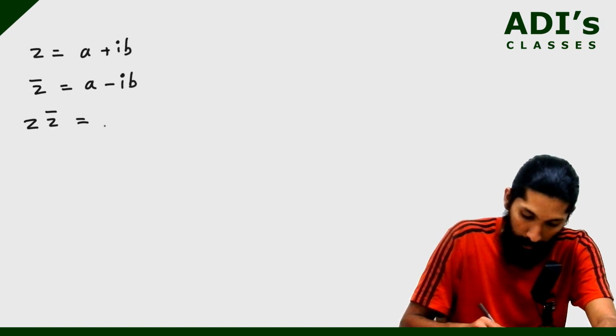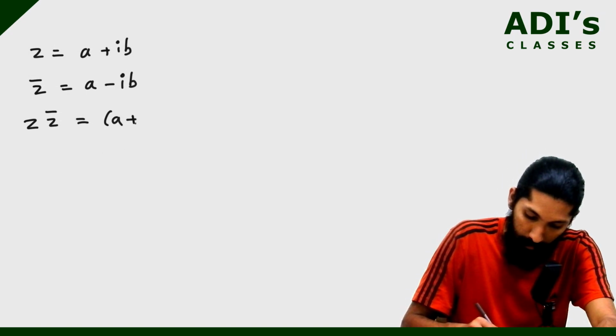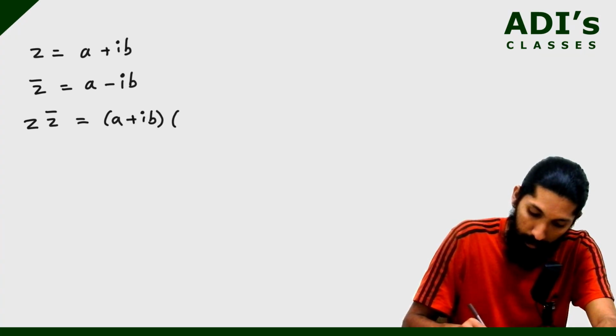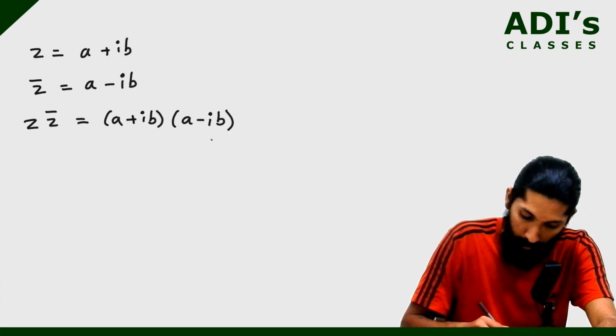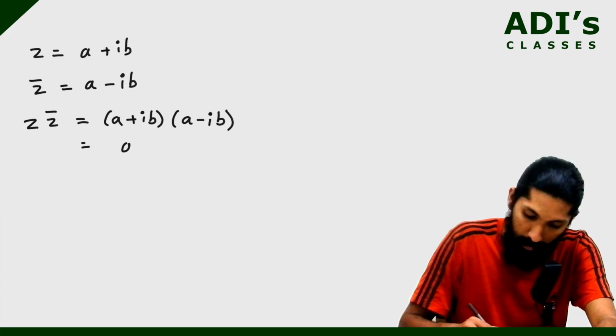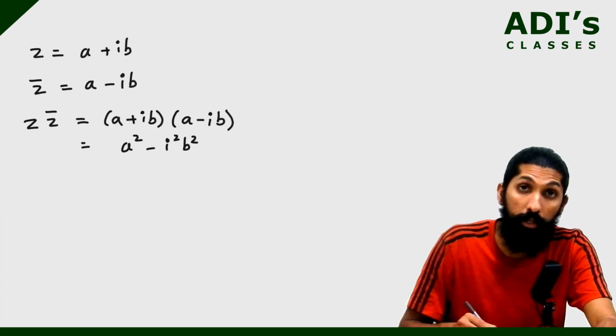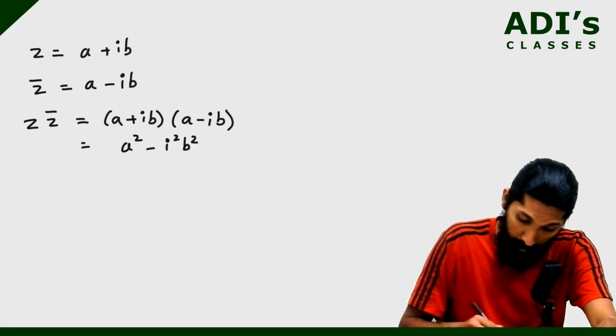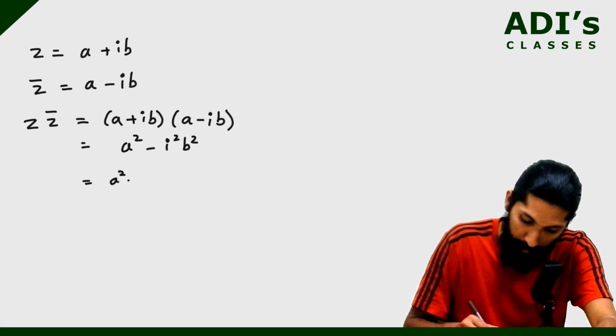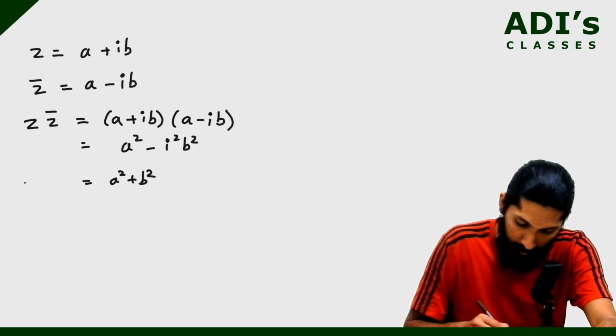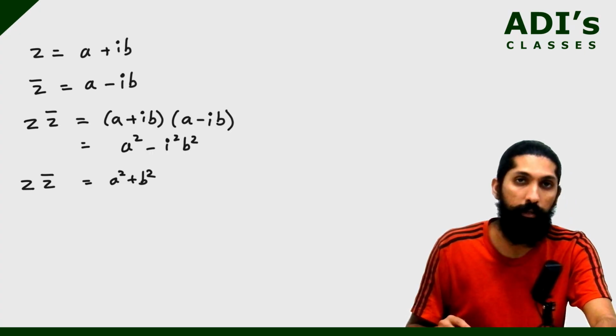This becomes a plus ib into a minus ib. This becomes a square minus i square into b square. But i square is minus 1. This becomes a square plus b square. This is equal to z into the conjugate of z.